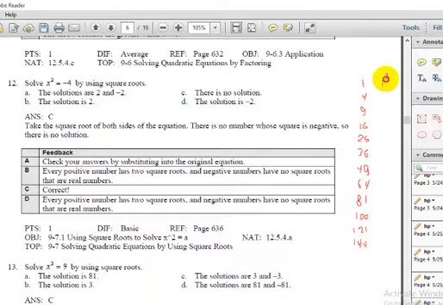1 power 2, 2 power 2, 3 power 2, 4 power 2, 5 power 2.